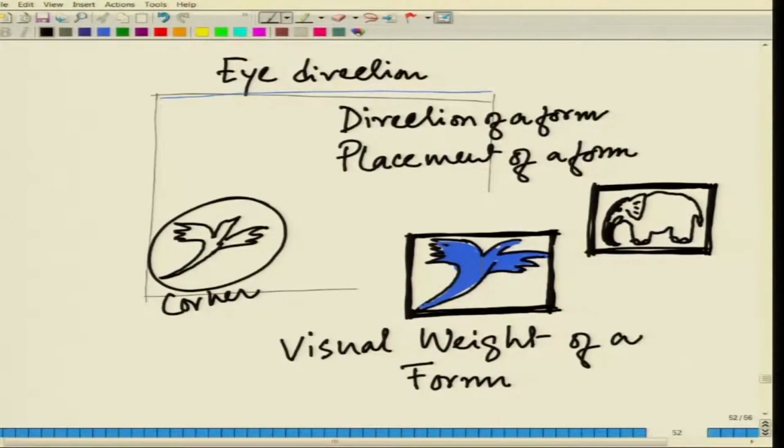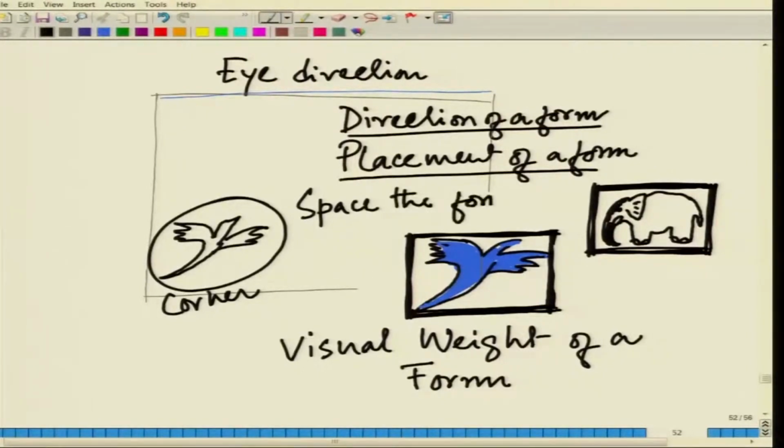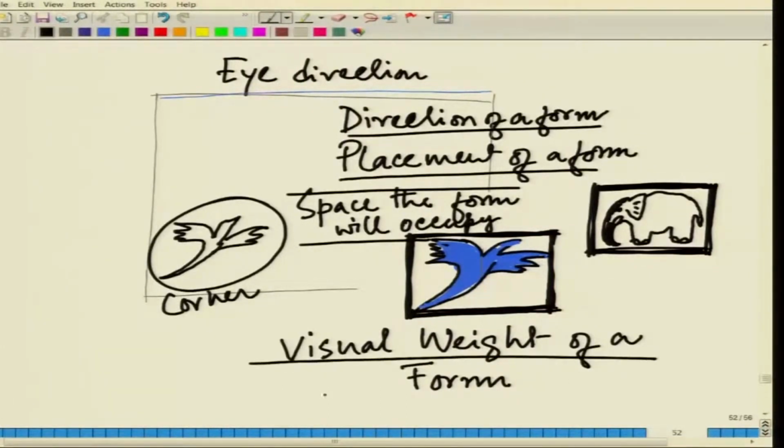So, there are lots of factors like the direction of a form, the placement of a form, also the space the form will occupy. They are all the factors that will work as a determining factor of how stable or how static the form is.